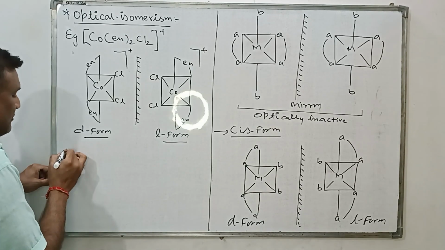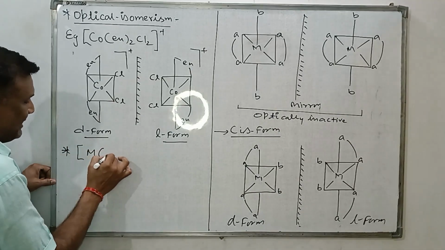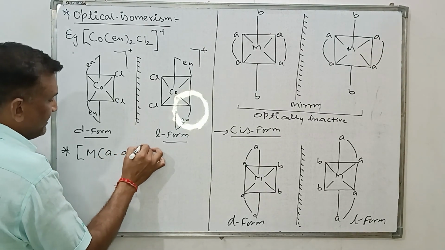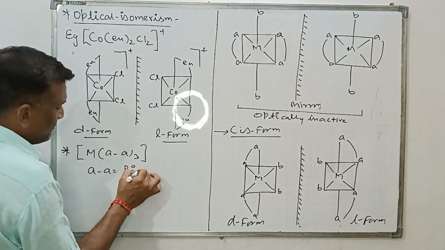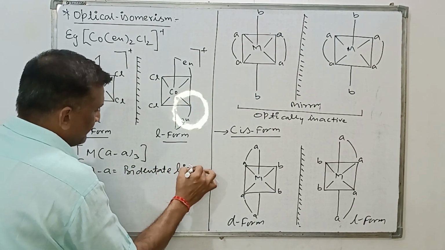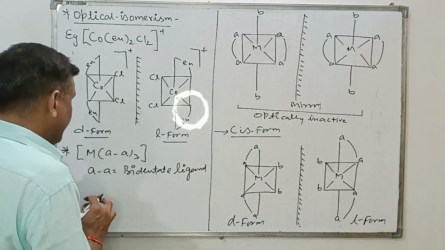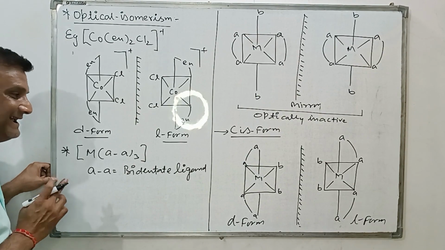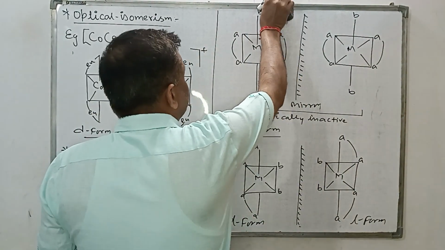Now I would like to go with the next formula, that is M(AA)3, where A–A is a bidentate ligand having two donor atoms. If we go with the D and L forms regarding this, then the structure will be as follows.